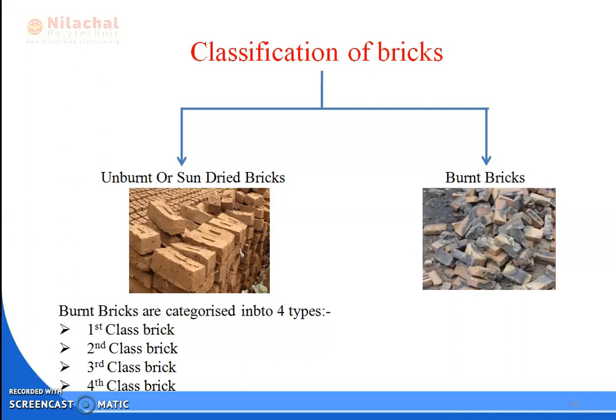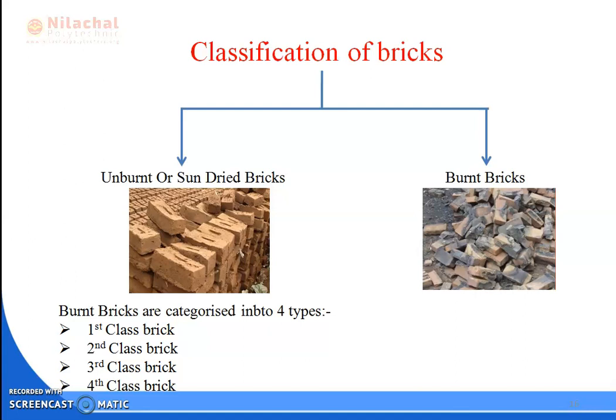First is unburnt or sun-dried bricks. I have told you about that. Next is burnt bricks. Unburnt or sun-dried bricks are not burnt, and are directly heated by the sun.